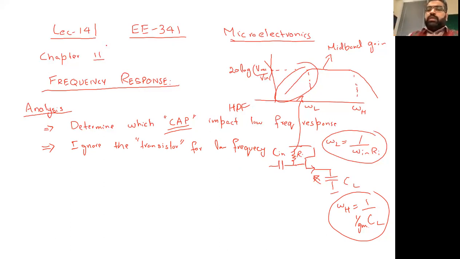After that, when we have decided this omega L, we find the gain of the amplifier. We calculate the mid-band gain.